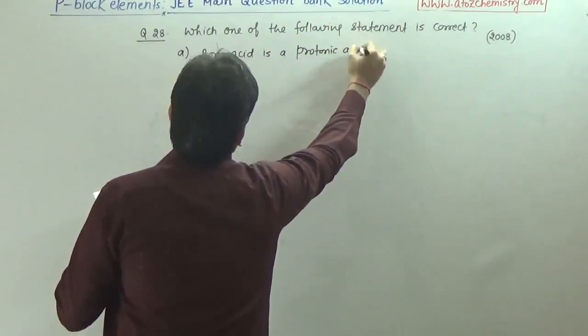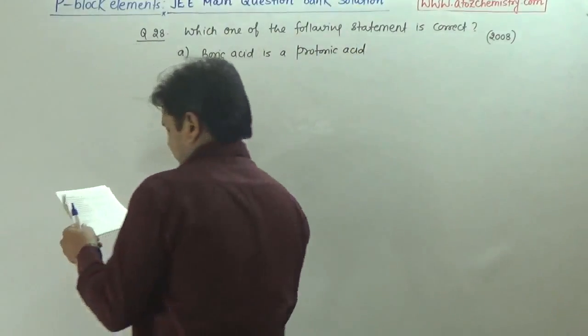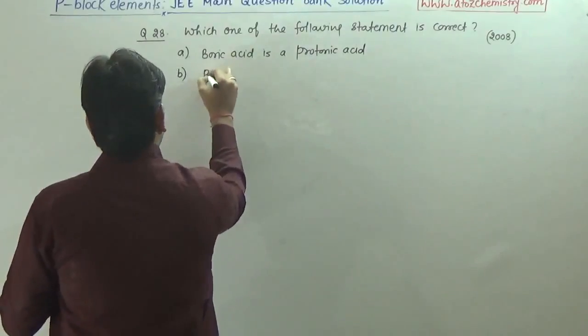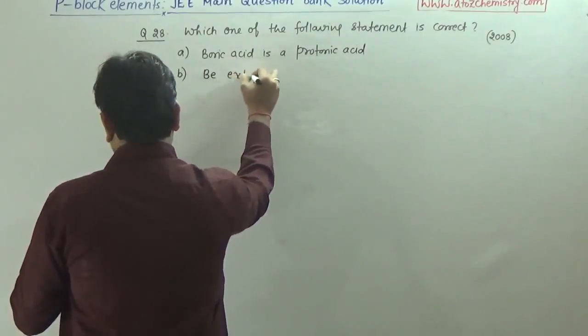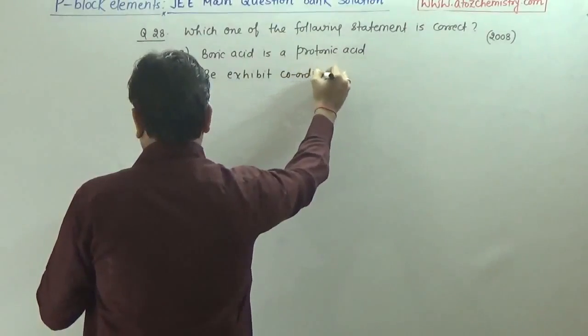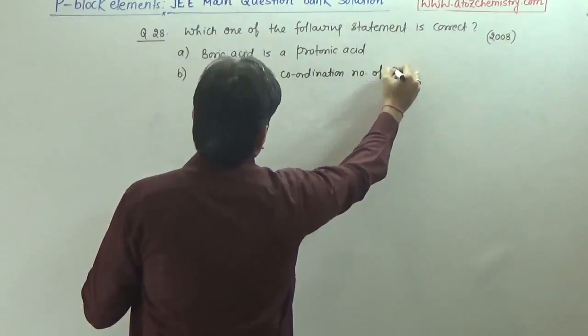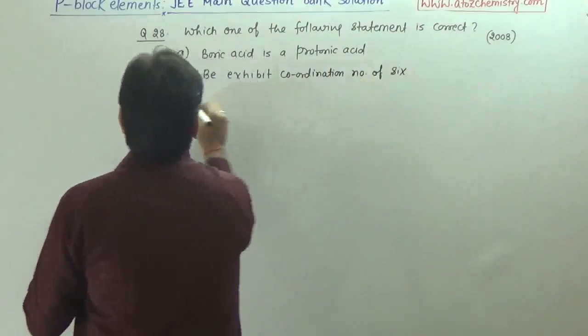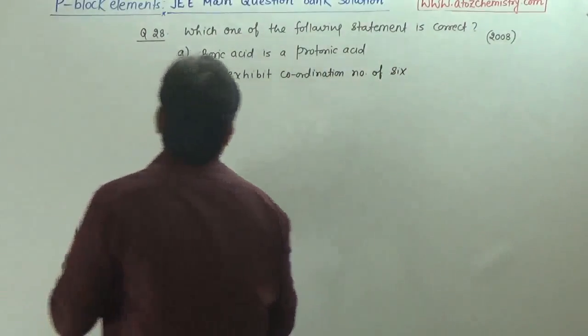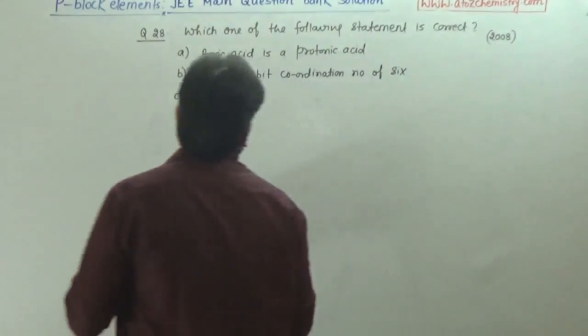Wrong. Boric acid is a Lewis acid. It cannot give proton. Beryllium exhibits coordination number of 6. This is not possible. Coordination number of 6 is not possible with beryllium because beryllium has no vacant d orbital. It can have a maximum coordination of 4.